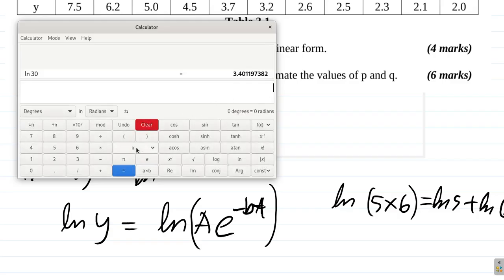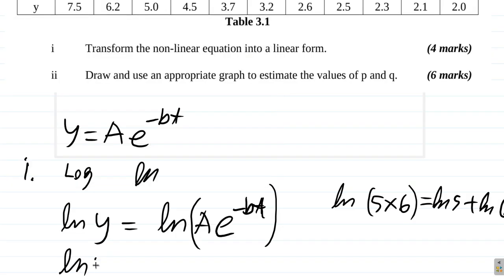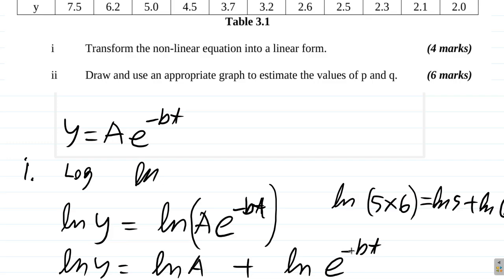Alright, so ln 5 plus ln 6 equals 3.401 and so on. Same thing. So you can write this as ln y is equal to ln a plus ln e to the negative bt.